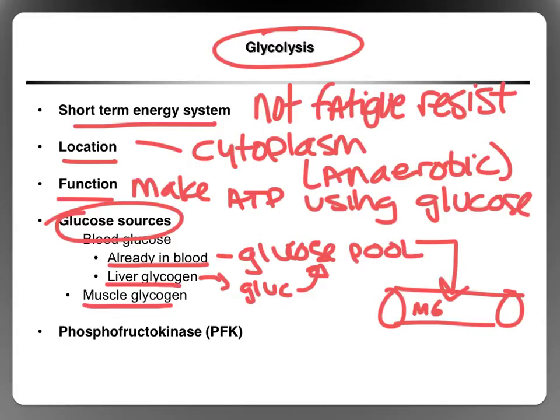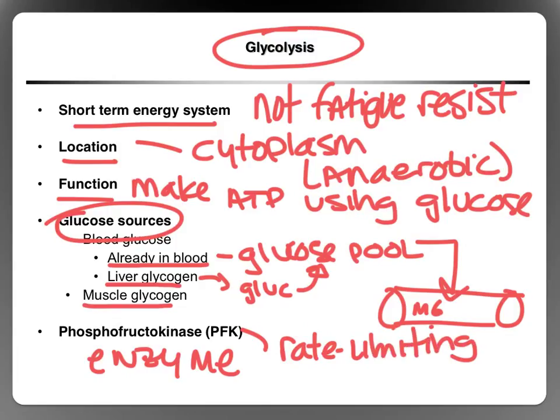So glycolysis is a process of chemical reactions, and each chemical reaction includes the use of an enzyme. One of the enzymes is called PFK. That's the only enzyme I'm going to require you to know. This is called the rate-limiting enzyme.